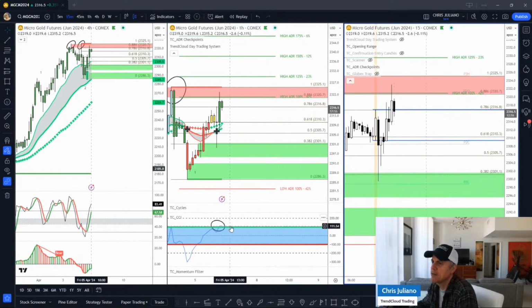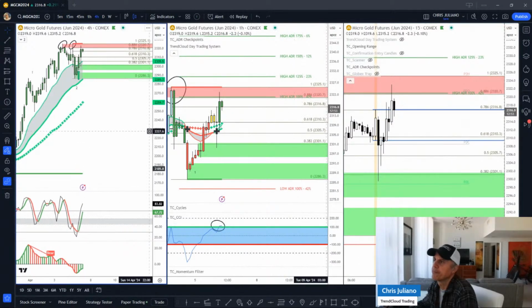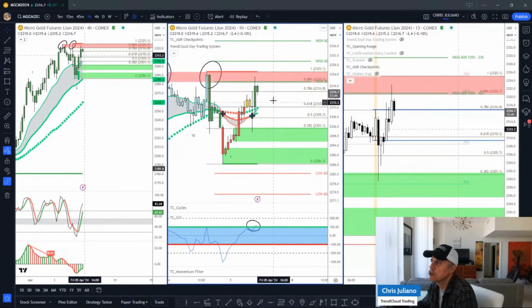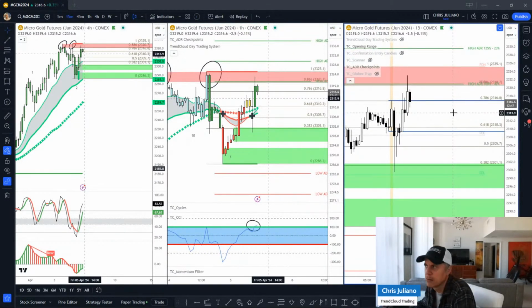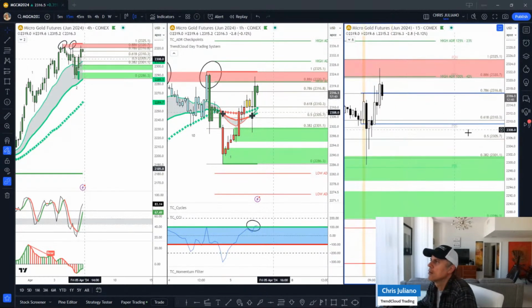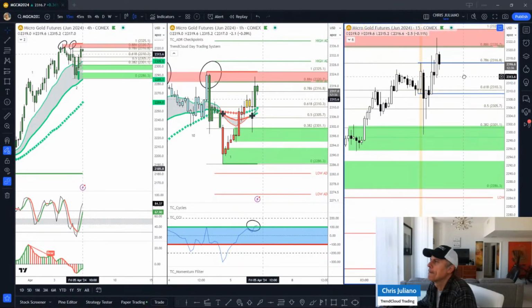It definitely made it above. Can we take a chance? Sure, yeah. We can start taking some small risks now. Incredible, right? This is quite a rejection candle here.